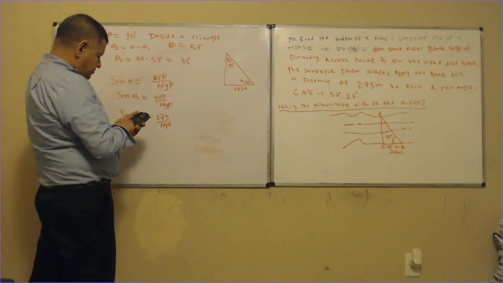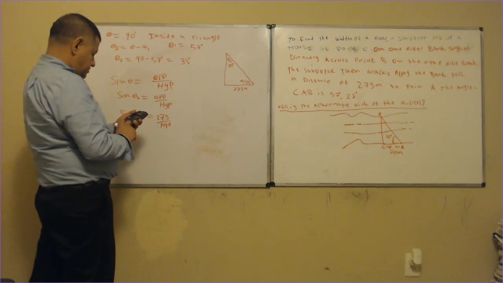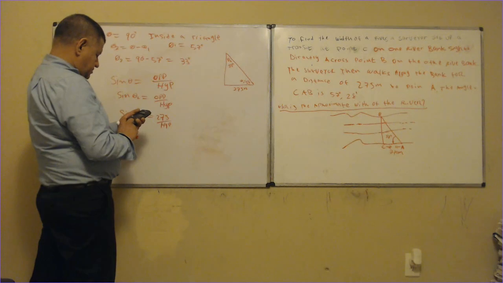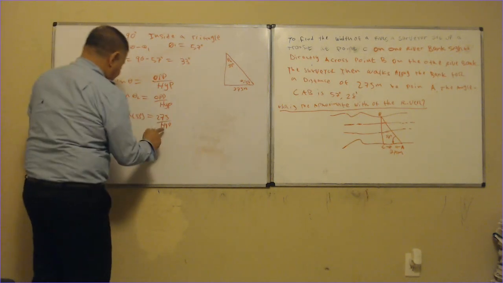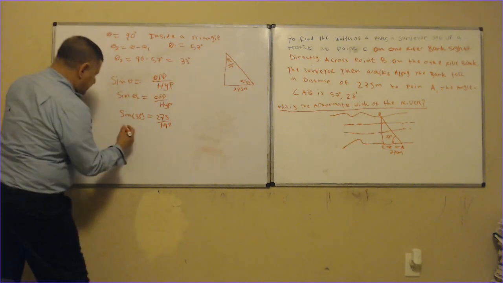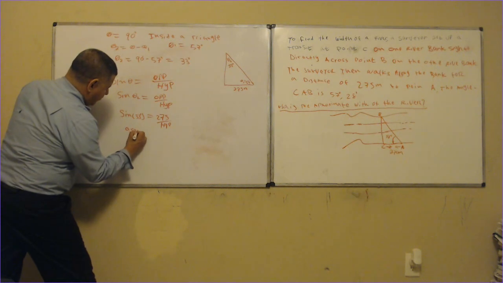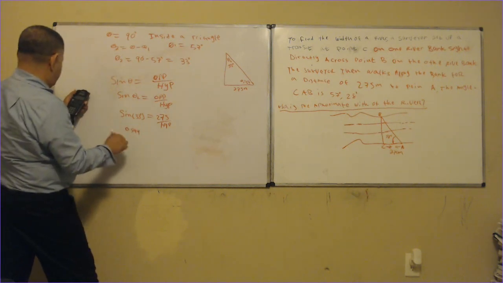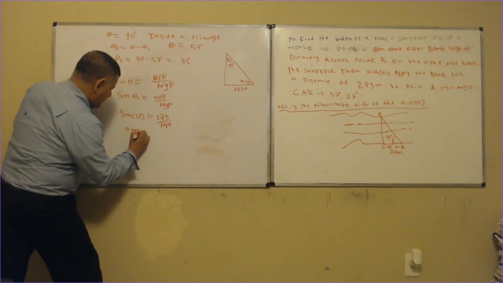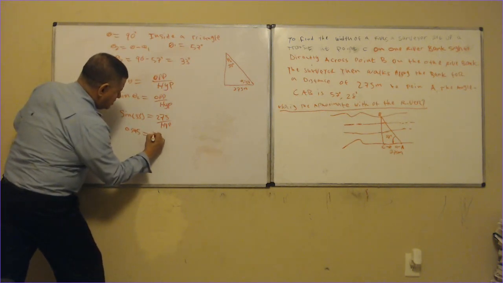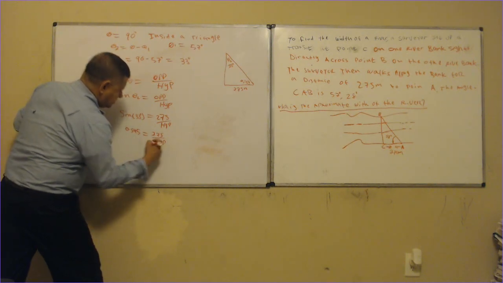Let me make sure the calculator is in degrees. So sine of 33 degrees, evaluating this, is 0.545, equal to 275 over hypotenuse.